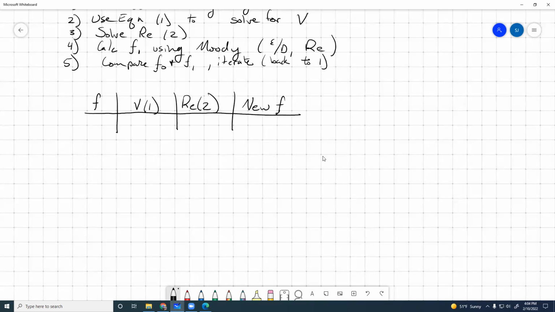So we need E over D, and for the sake of time, we'll just give y'all the E. So E for cast iron is 0.26 millimeters.